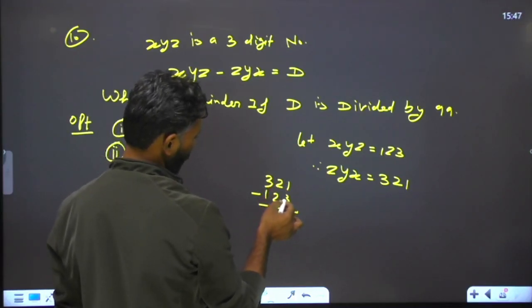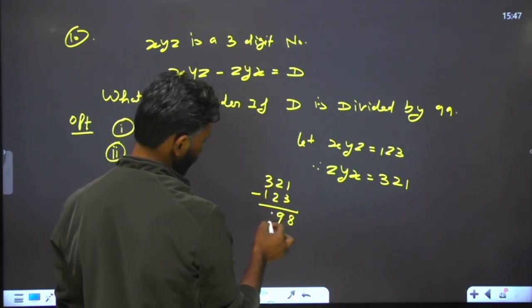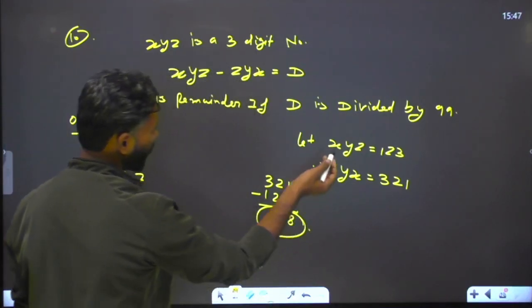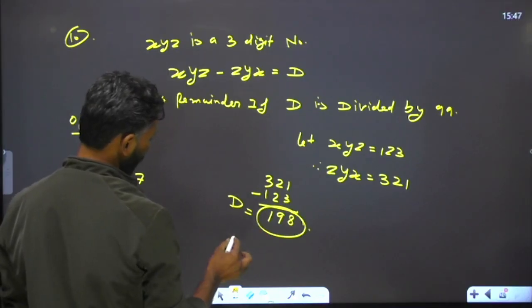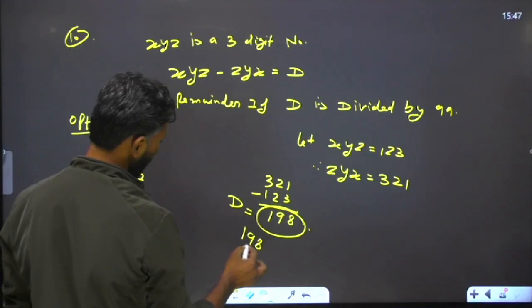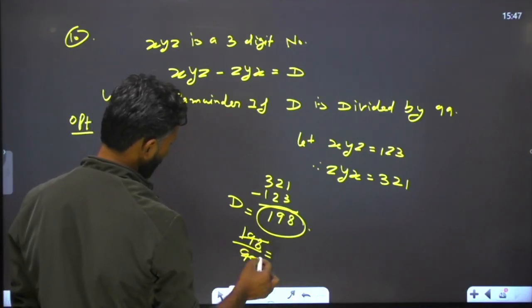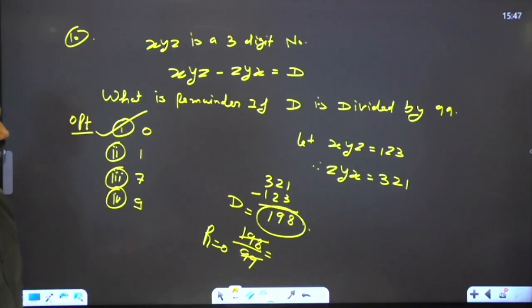This is 11 minus 3, 8. This is 11 minus 2, 9, 98. So it is 198. This is the value of d. Can you divide 198 by 99? It is completely divisible and the remainder is 0. So this is the remainder over here.